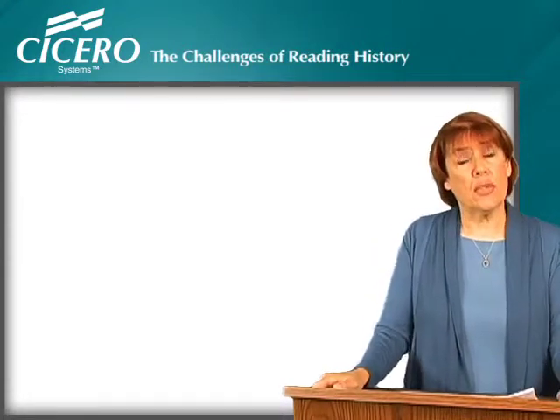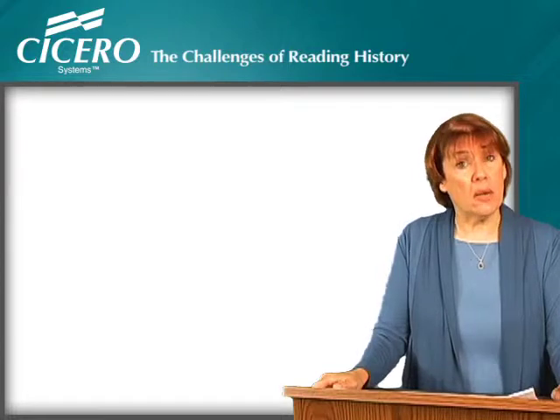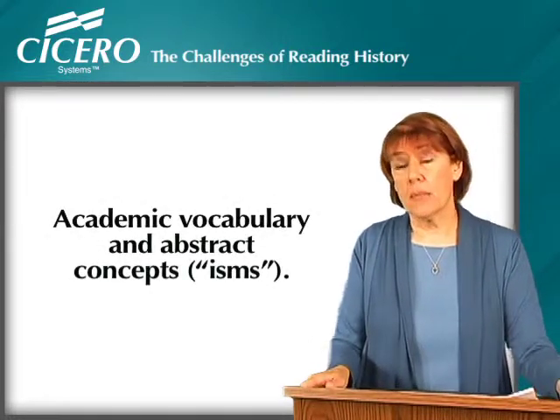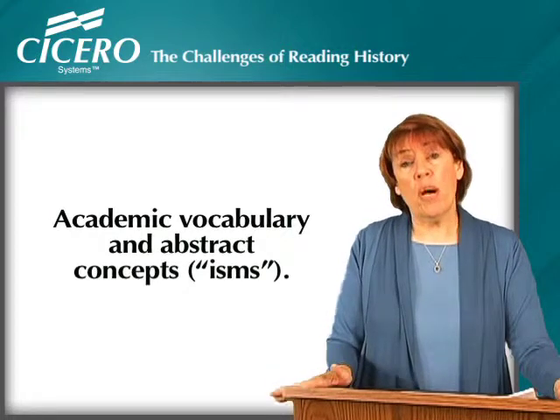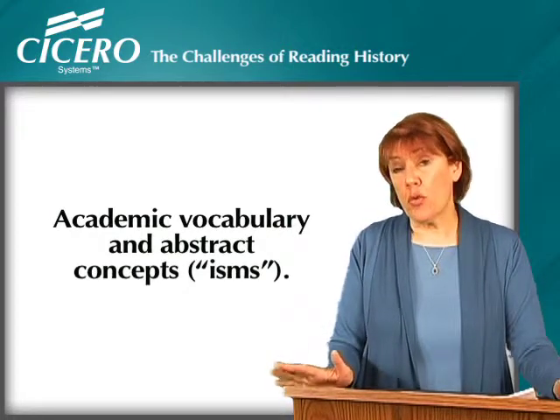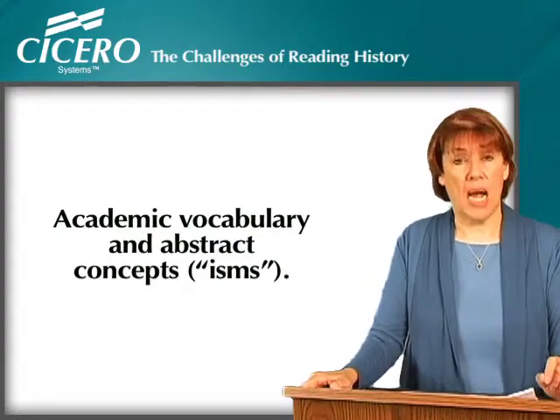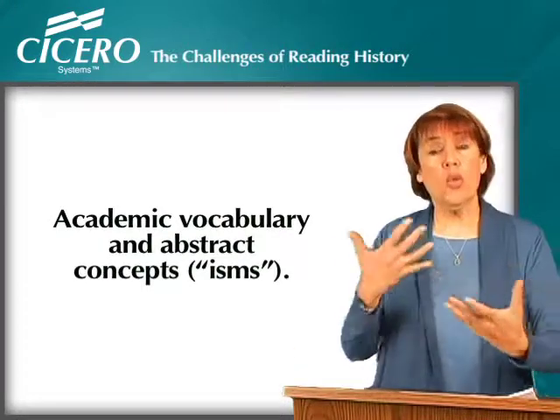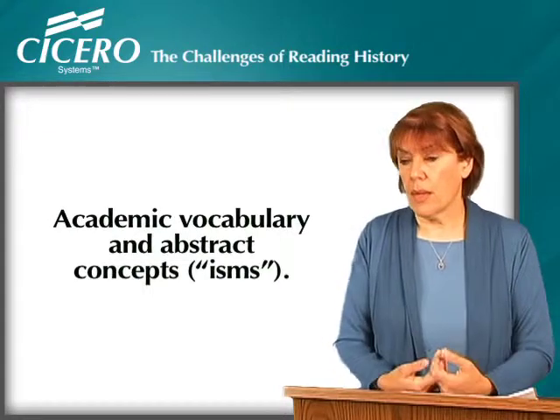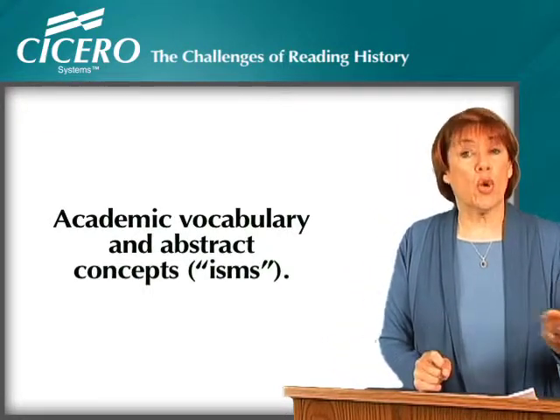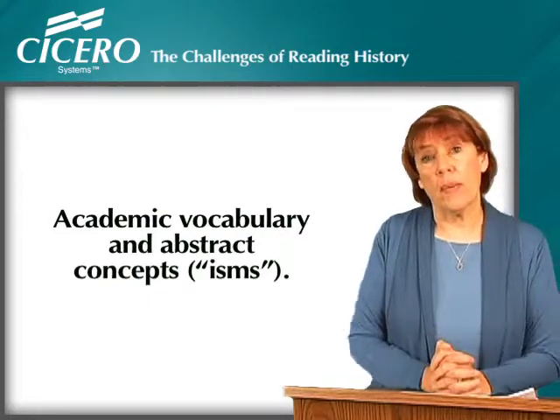A fourth factor that I think is critical is academic vocabulary and concepts. So much of what students encounter when they read history text is academic vocabulary and concept. And the two are really connected because most concepts are also academic vocabulary.